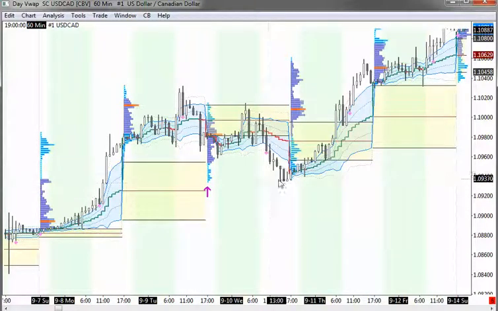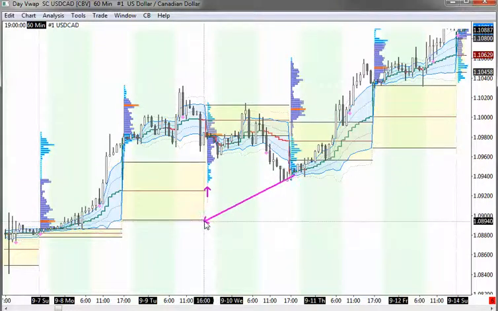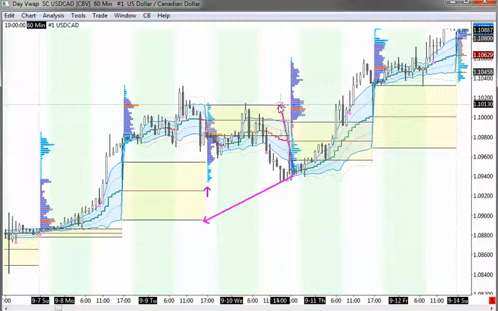So when we open this day below value, we would expect that either price would come further down and test the low of this value area, or head back up and test the high of this value area.